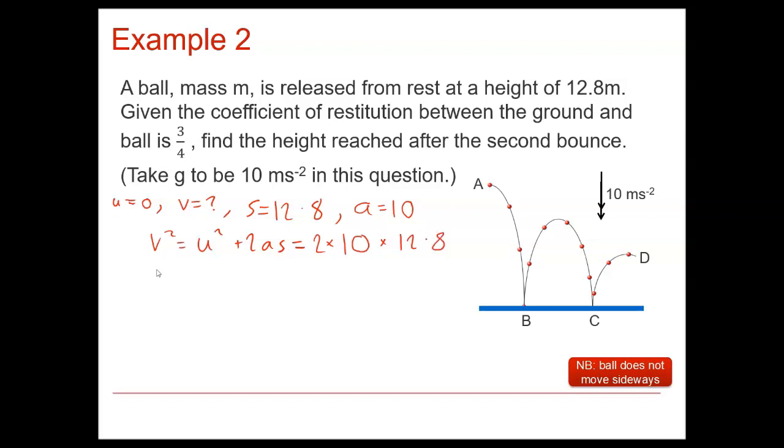That's v squared, and so v is equal to the square root of that, which turns out to be a nice number actually. It's 16. So at this point here, as it's approaching the ground, we've got a speed of 16 meters per second.